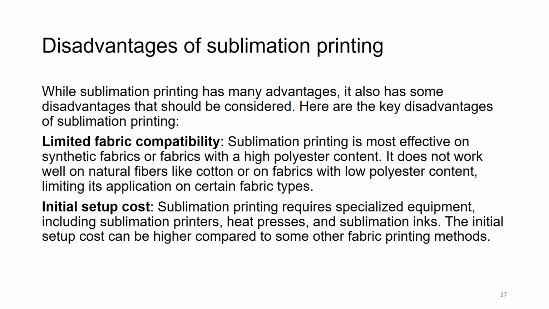So, that is a very big limitation. We cannot use sublimation printing for cotton and silk. It is primarily meant only for polyester, and that too the one which has high polyester content, not the blends where it is 80-20, 80 cotton and 20 polyester.